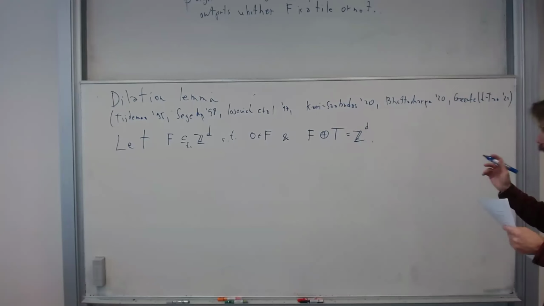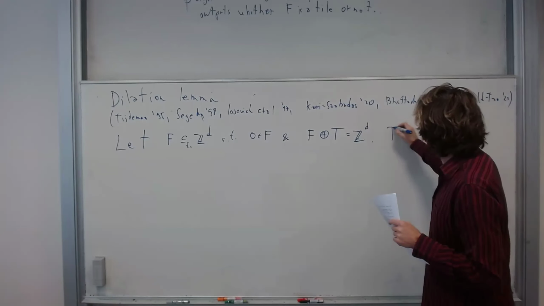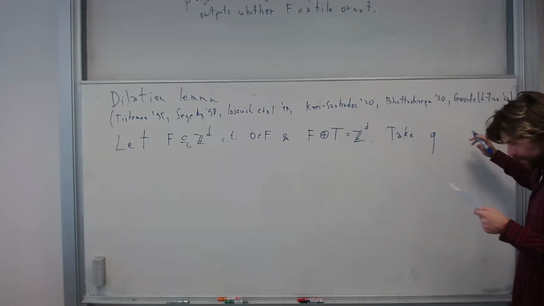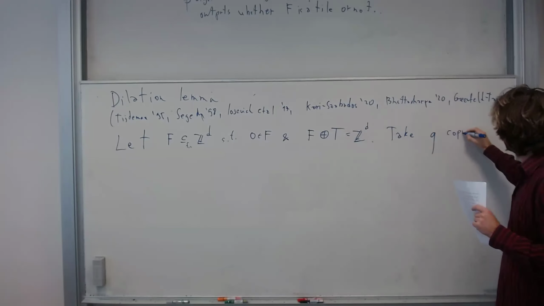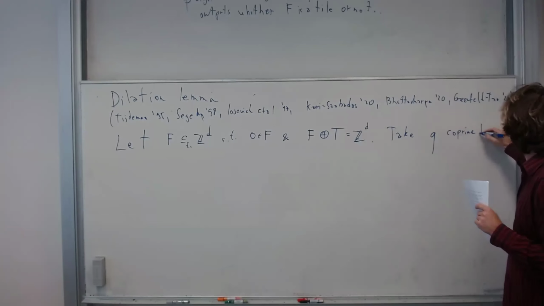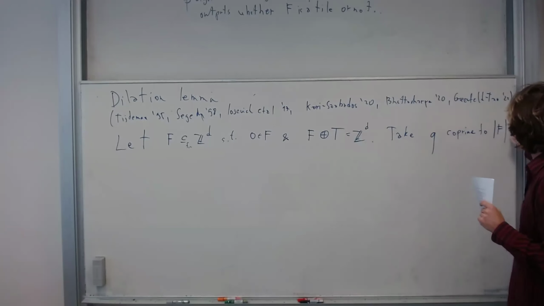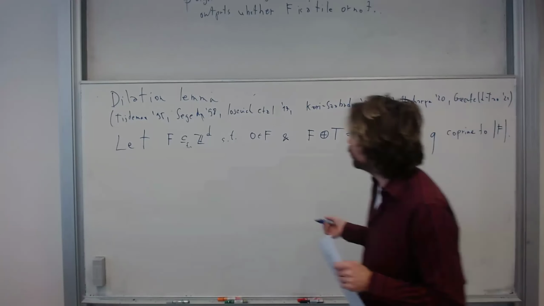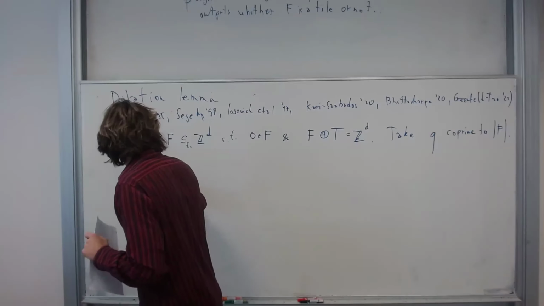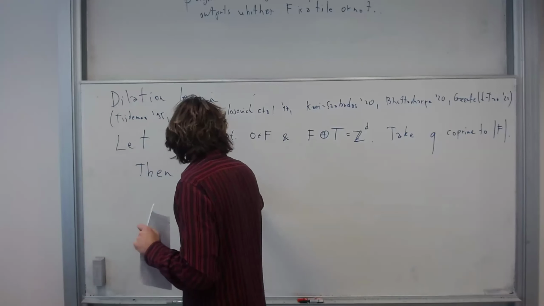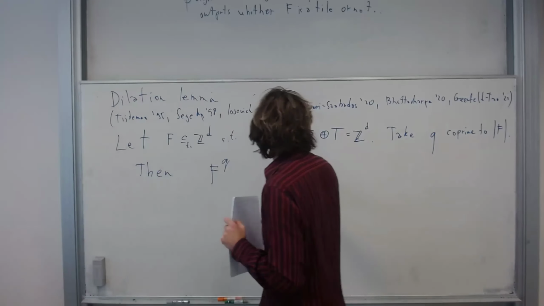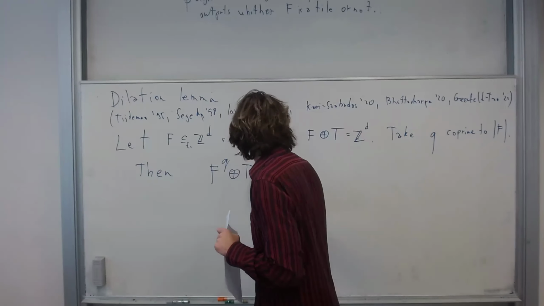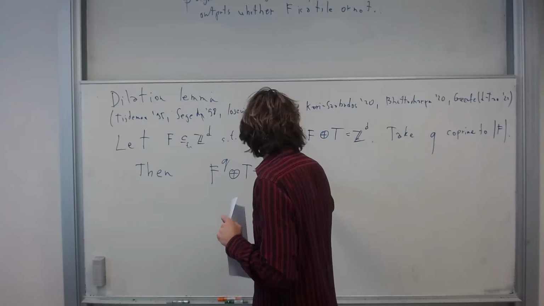Okay, and now we take a number. So take any number q, and it can be even negative, that is coprime to the size of the tile. And then you can dilate F. So then if you dilate F by q, then the same tiling complement actually tiles.